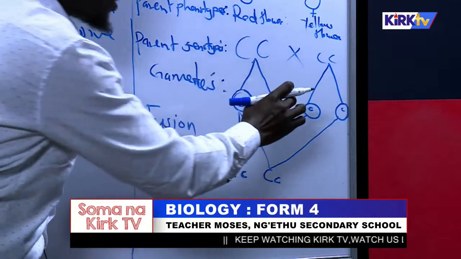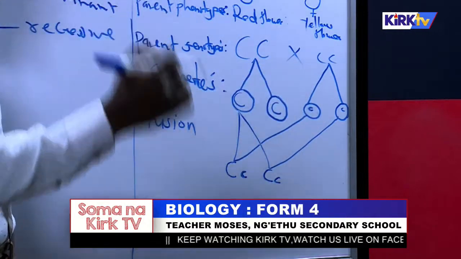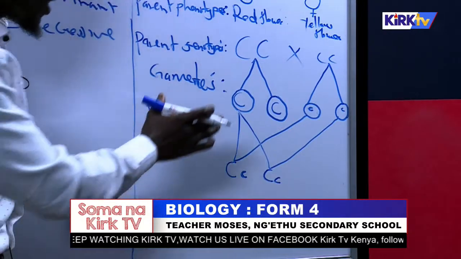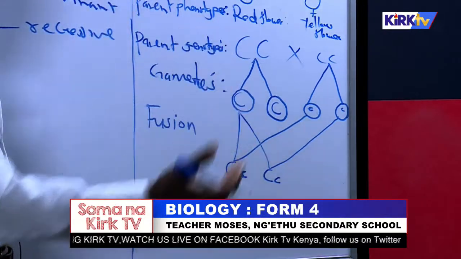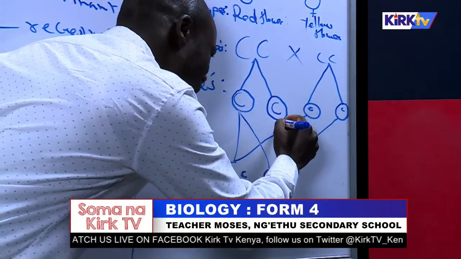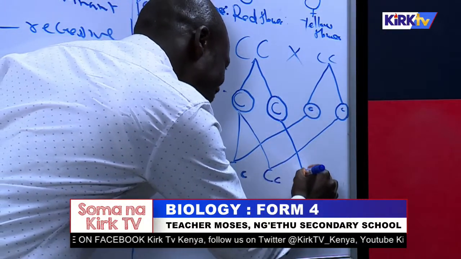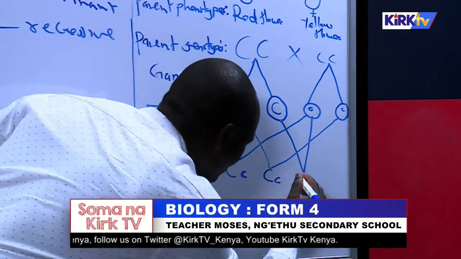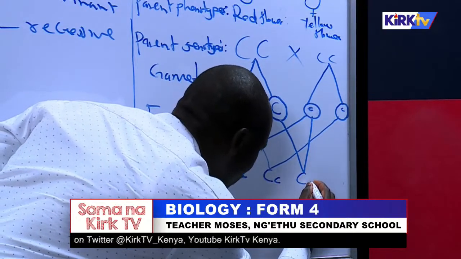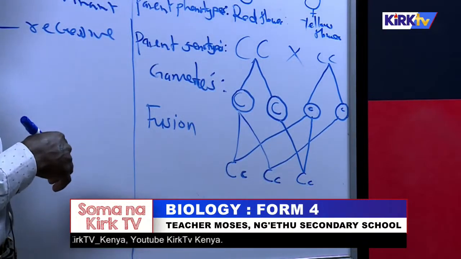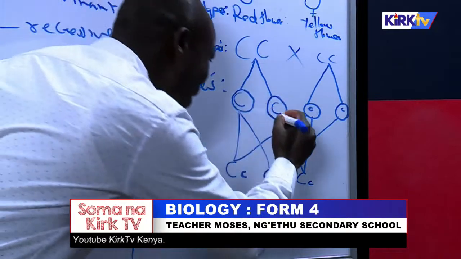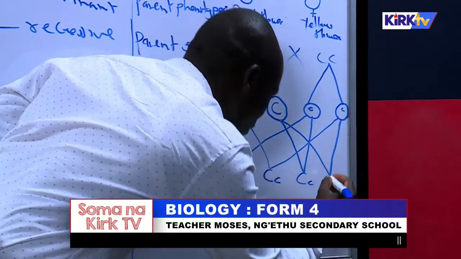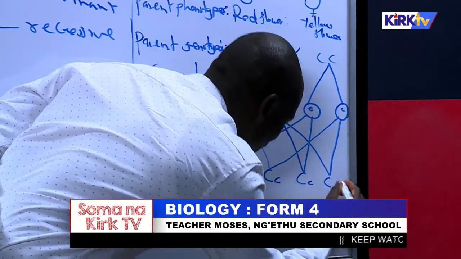Remember, we have not carried over the other gamete after separation; we are only done with the first one. There's also a chance that the other one can combine with the first one, and we are going to have capital C, small c. The other one can also combine with the last one, to have capital C, small c.